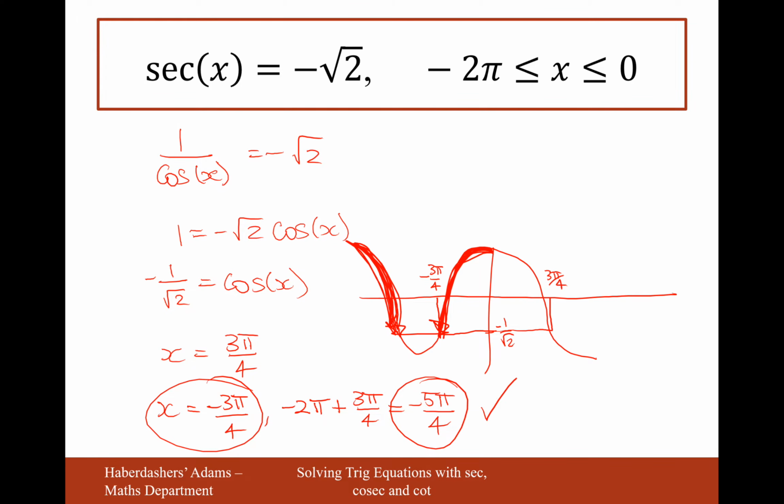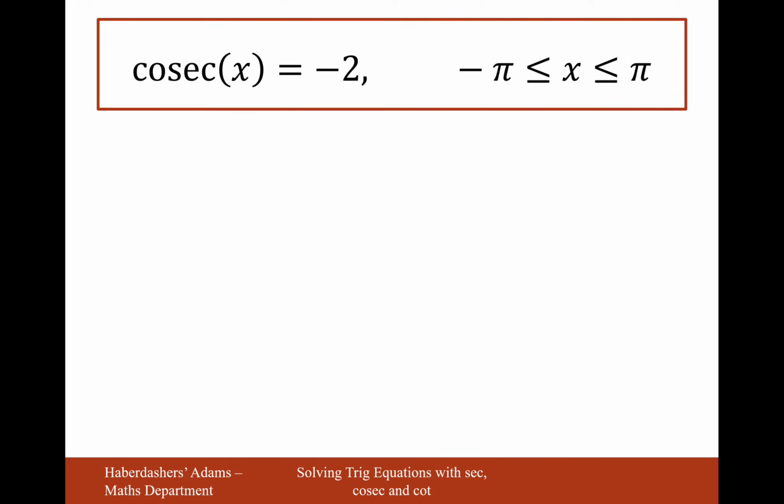So there we are, those are the two answers to this question. Let's move on to the next one. In between minus pi to pi now, so we're going to write here 1 over sine x equals minus 2. Next thing we'll do is we'll multiply by sine onto the other side. Then we'll divide by minus 2.